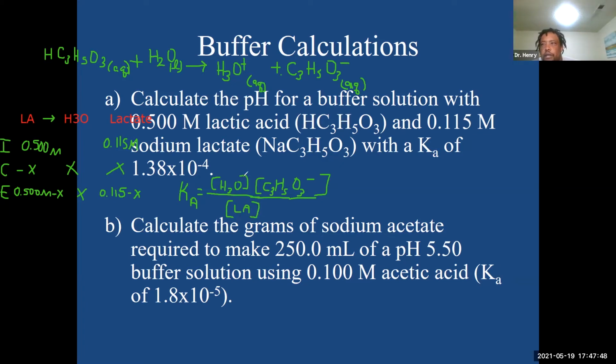Okay. So if we start plugging in our values, we just use what we have at equilibrium, right? Up top, what are we going to have for the hydronium ion?